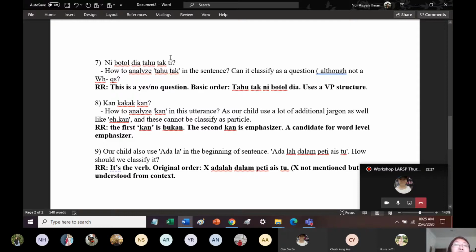So dia datang dari sini, lepas tu dia bawa ke depan. So I would rearrange it because it makes it easier for me to see apa dia tu kan. So with this tahu, then you can use the V option of yes no question in the profile. So use a VP structure.